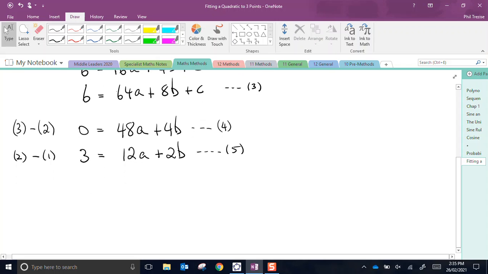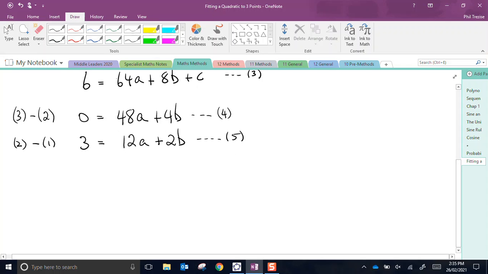Now how can I go from this? Well, I notice that I have 48 times a and I have 12 times a, but easier would be 4b and 2b. If I doubled equation 5, this would become 4b. Then I could subtract, couldn't I?